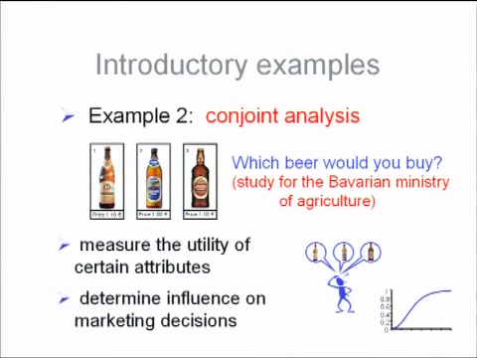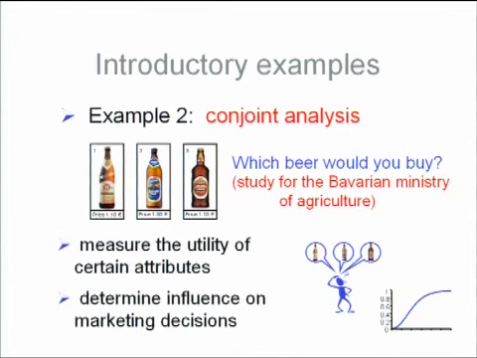And the interest is in measuring the utility of certain attributes, for example, these small signs, where they influence the consumer behavior or marketing decisions and so on. And there's one individual down there, but you might guess that this is not the only individual which is asked, and we want to know something about the utility function which is described here, which might be described by some nonlinear model or generalized linear model.